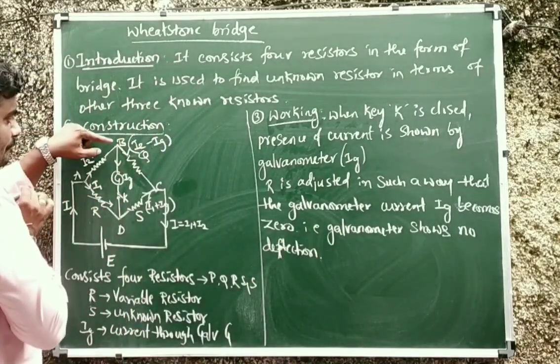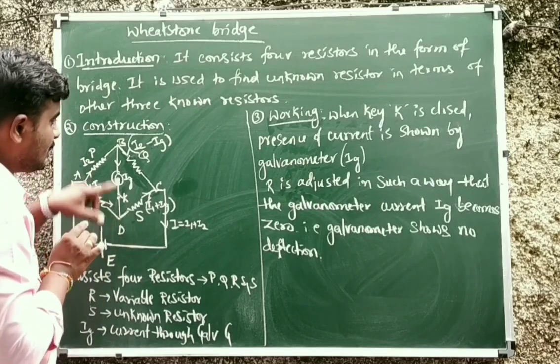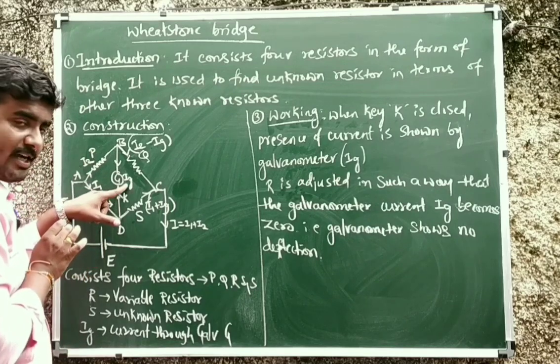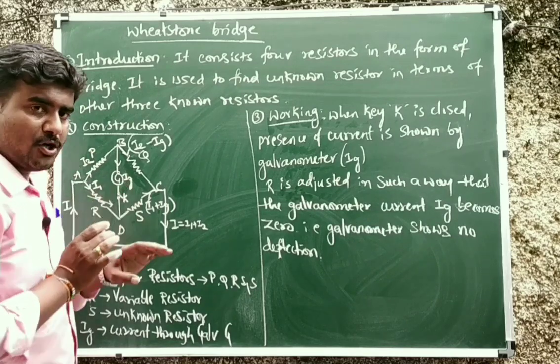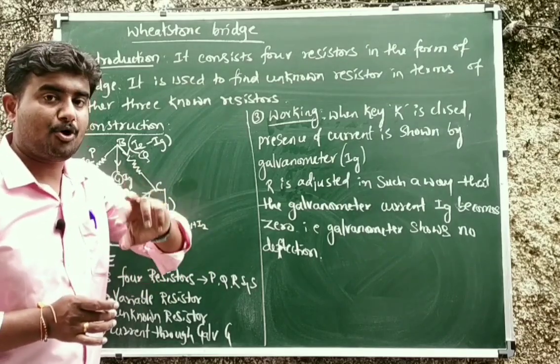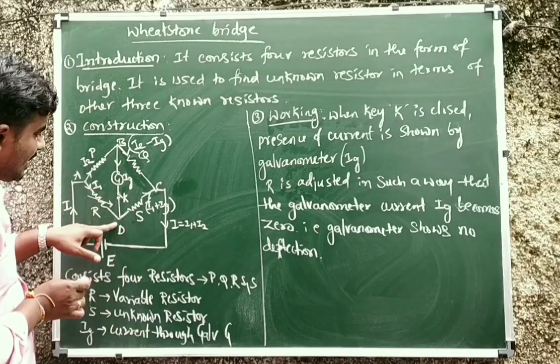It means galvanometer shows no deflection. That means B and D have equal potential. The potential drop across B and D is now the same. Then and only then IG current is going to be 0, no? Because in order to flow current, what is necessary? Voltage drop is necessary, potential difference is necessary. Potential at B and potential at D is the same.